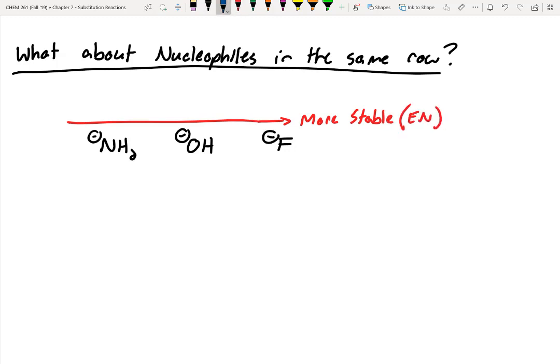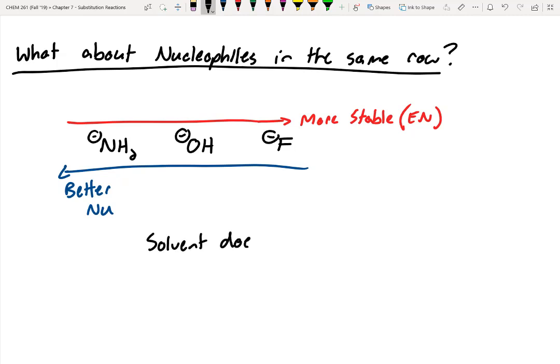Do we want our nucleophiles to be really stable or really unstable? Unstable. The good thing with these is solvent doesn't really change things here.